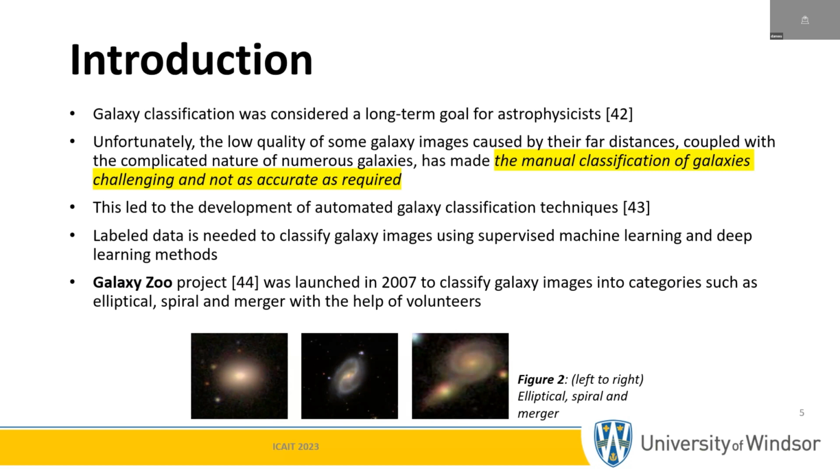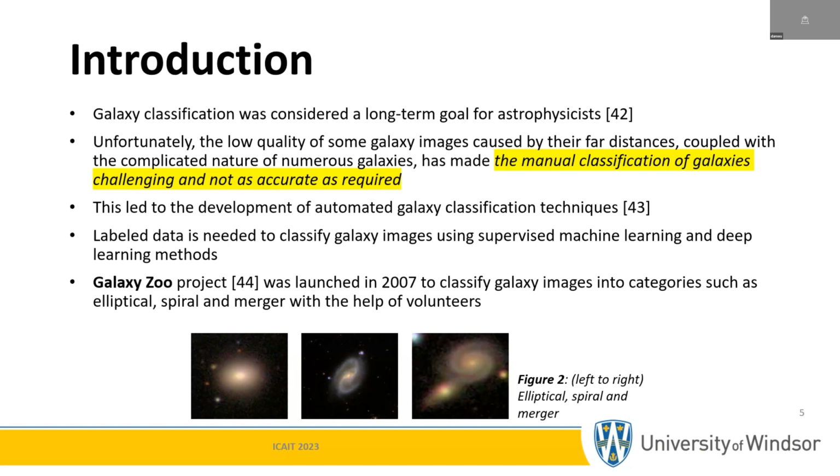And that's very important for them. But they realize manual classification of galaxies is not possible anymore because of the data, and also is not as accurate as required, because the expert is not 100%. Sometimes we got 10 experts, they may have different opinions, right? So there might be a better way to do it.